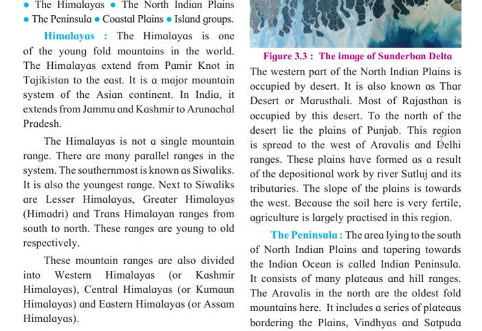This region is spread to the west of the Aravallis and Delhi ranges, and these plains have formed as a result of the depositional work of the river Satluj and its tributaries. The slope of the plains is towards the west, and because the soil here is very fertile, agriculture is largely practiced in this region.